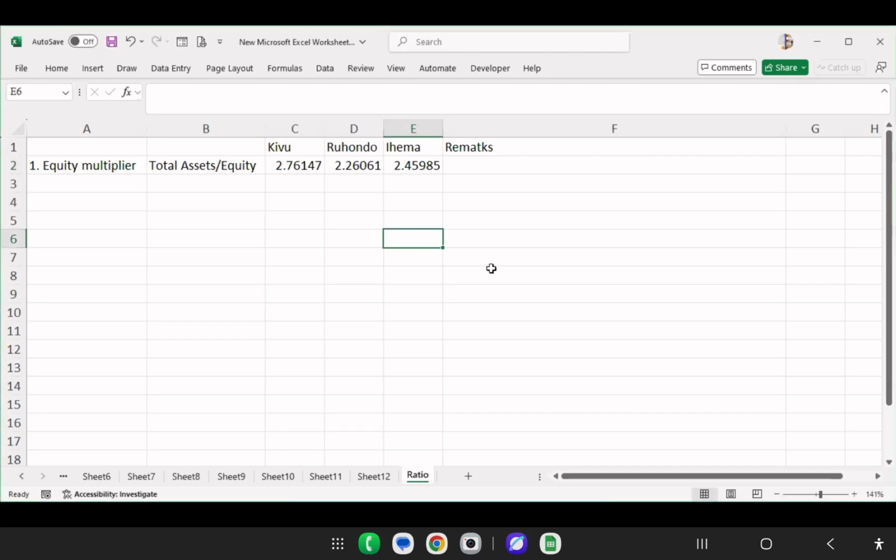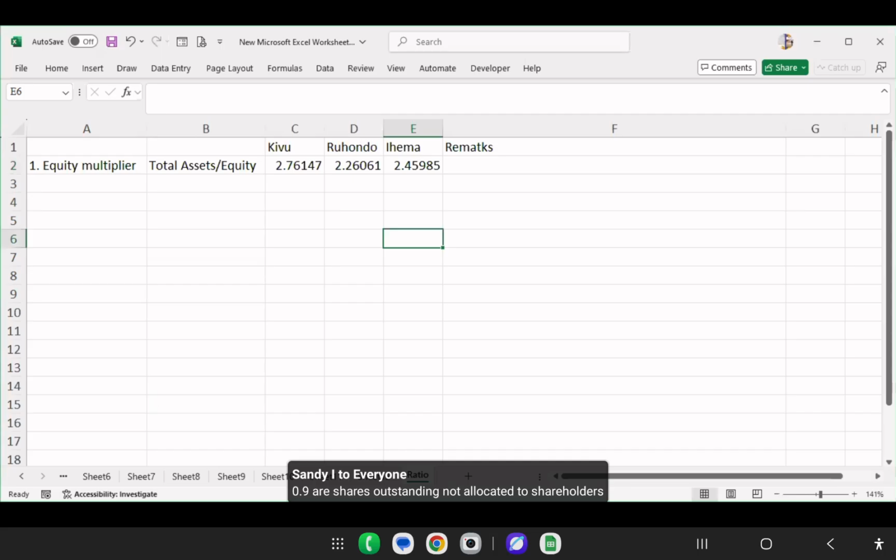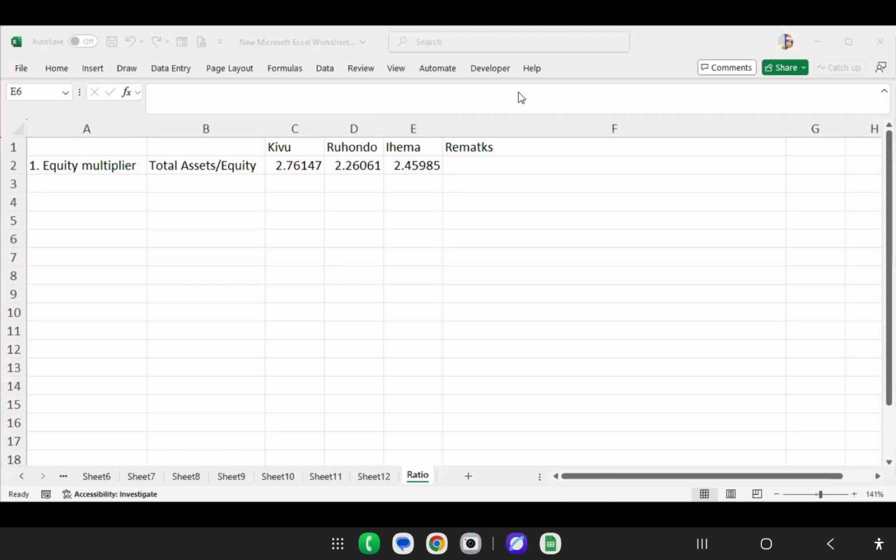The equity multiplier. Now, you can decide to write the remarks to answer the second part of the question by taking it step by step. For every step you compute, you give a remark. If you are told to give a remark for this one, what would you say? You are supposed to give the information from the point that you are at.